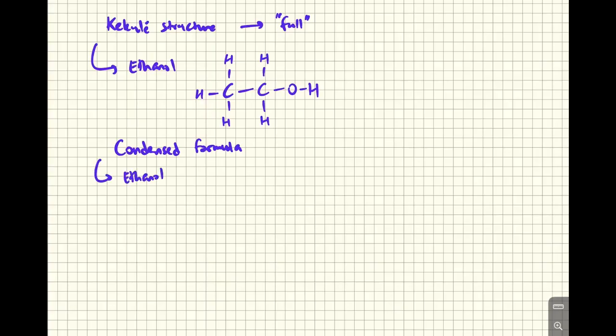It will be CH3, CH2, OH. So CH3, which is this, and then CH2, which is here, and then finally the functional group, which is this. So this condenses the molecule. It saves space, but it still shows how the atoms connect in a way.